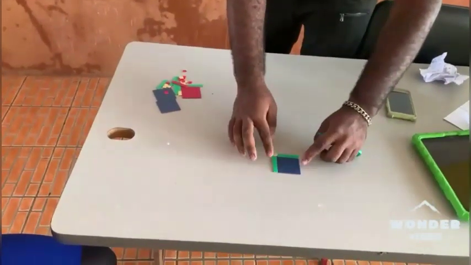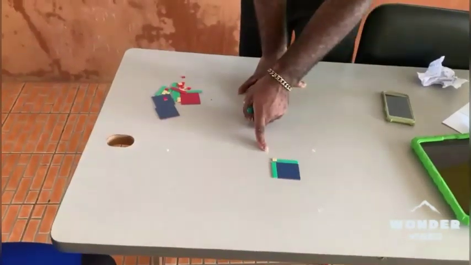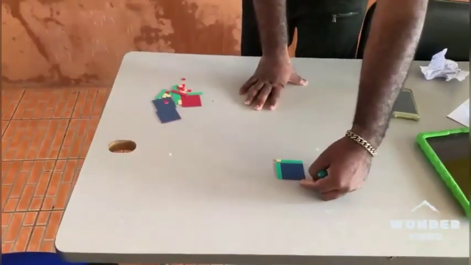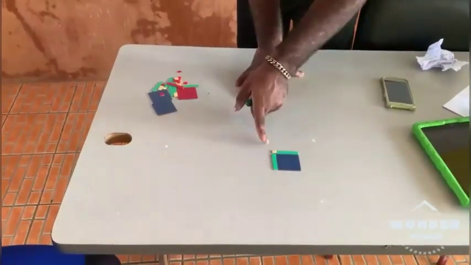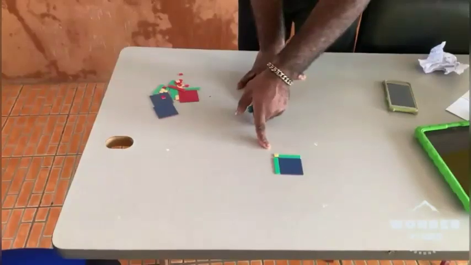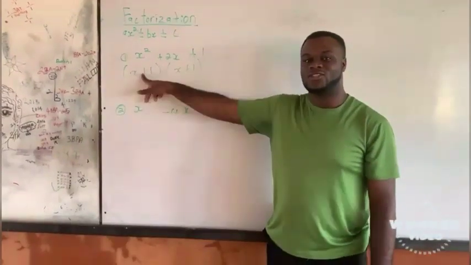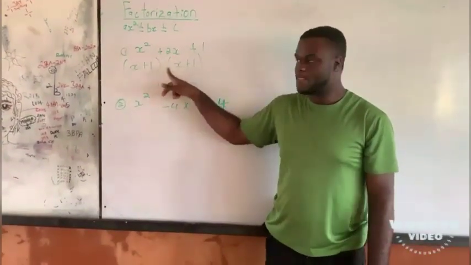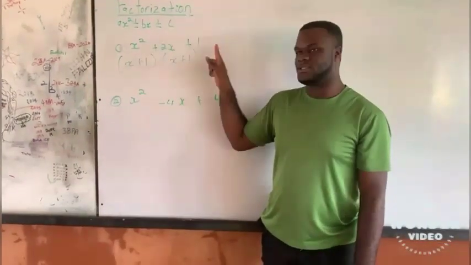And in order to get my area, it is length times length. So the length of one side is x plus 1, and the length of the other side is x plus 1. Hence, x plus 1 and x plus 1 are the two factors of x squared plus 2x plus 1.